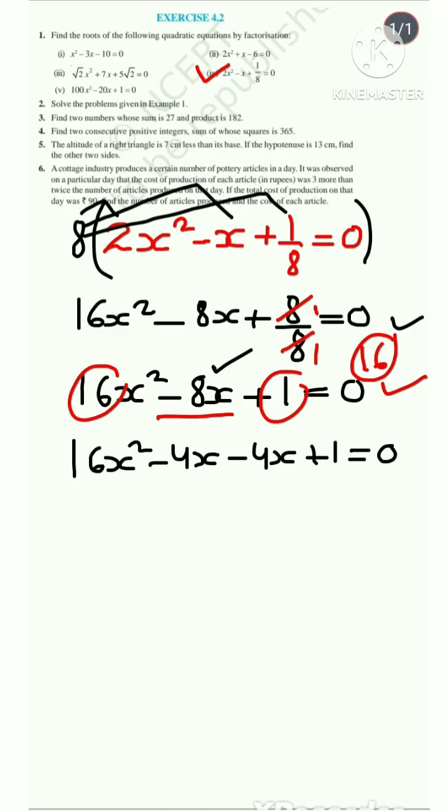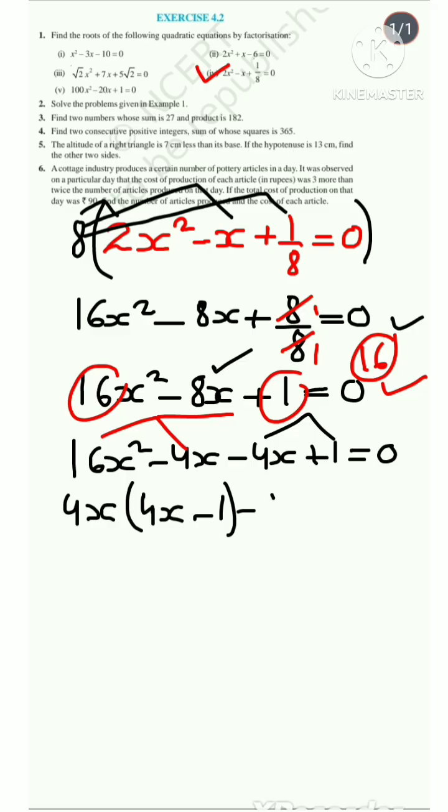Now, from this pair, we can extract 4x as a common. So here 4x is common, and here remains 4x, 4 4s are 16, and 1x minus, and here remains 1 minus, and from this pair we can take 1 as a common.